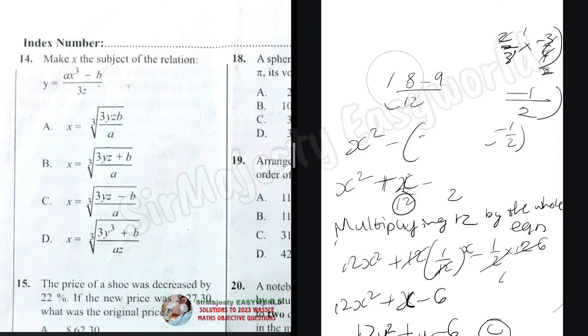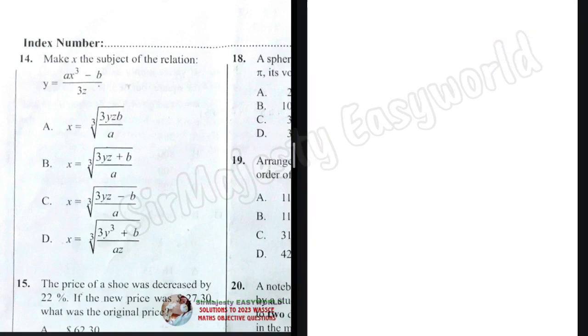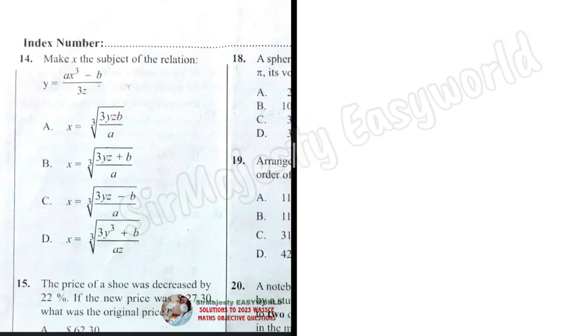It says make x the subject of the formula of the relation y is equal to (ax cubed minus b) divided by 3z. What do we do first? Cross multiply.